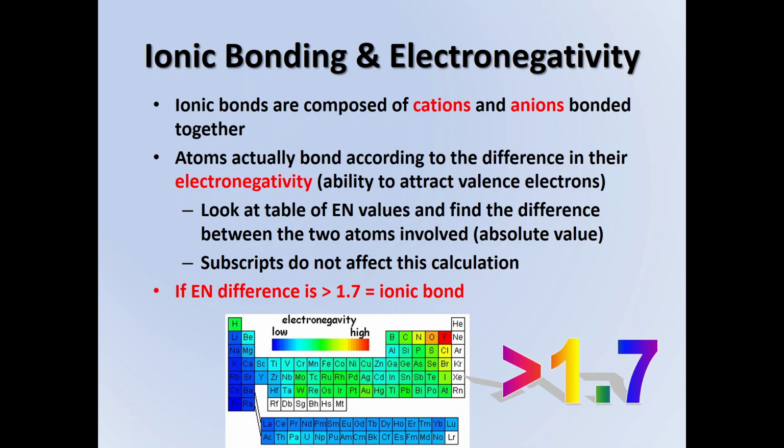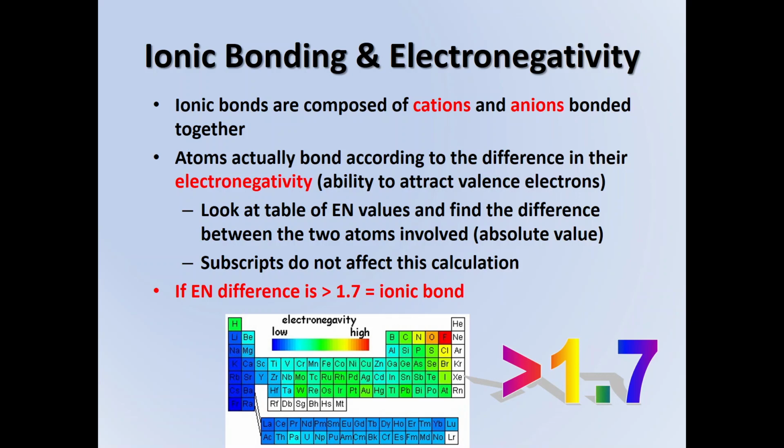Find the difference between two atoms' EN values. Subscripts do not affect the calculation, so it doesn't matter if it's H2O. If the EN difference is greater than 1.7, it is called ionic.